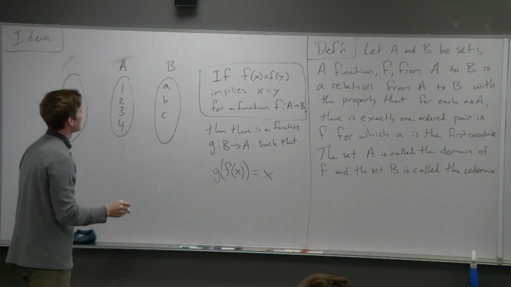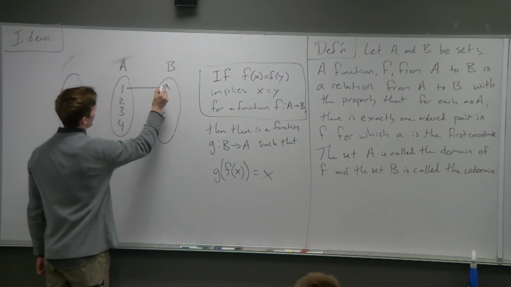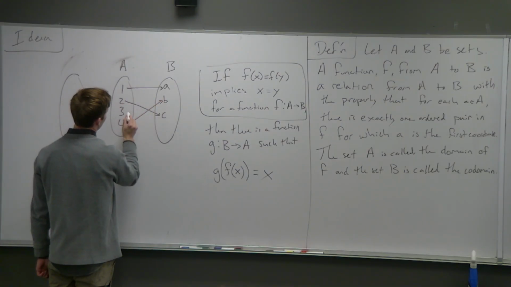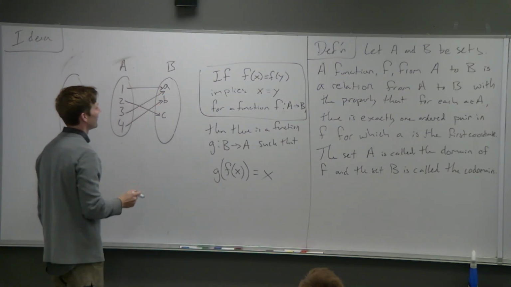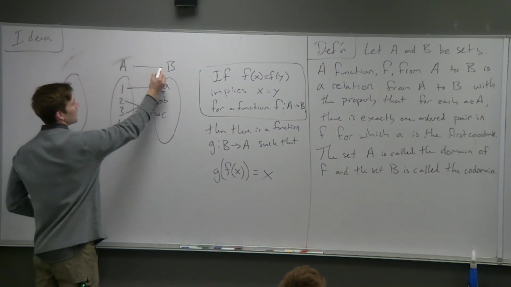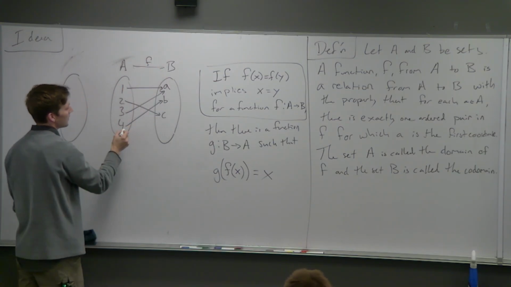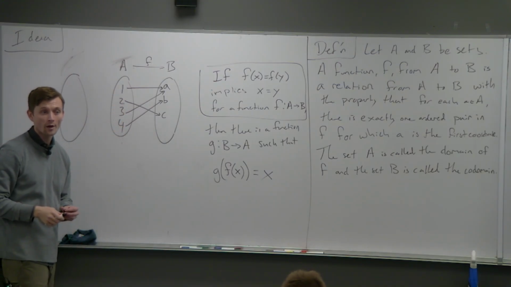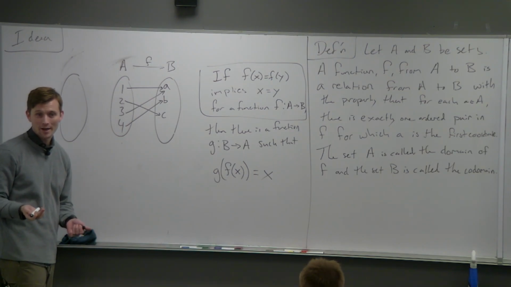There we go, this will be better. So I could have a function that looks like this. That's a function, isn't it? It's a function since every element of A has one and only one arrow pointing out of it.